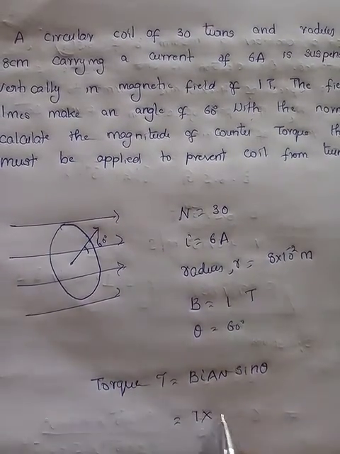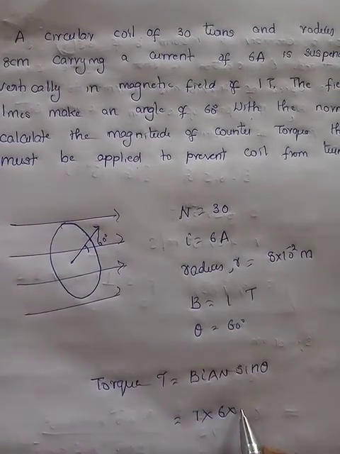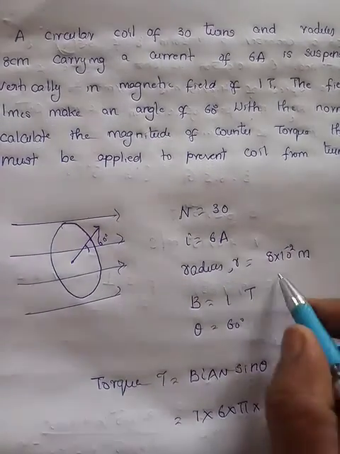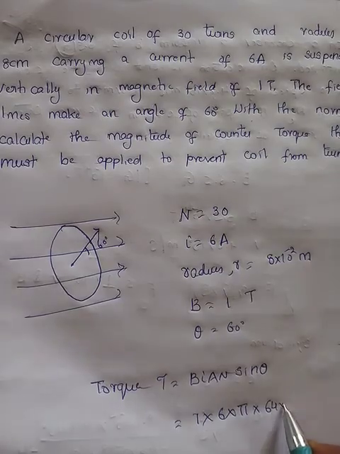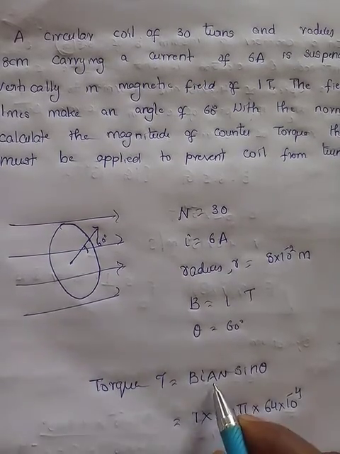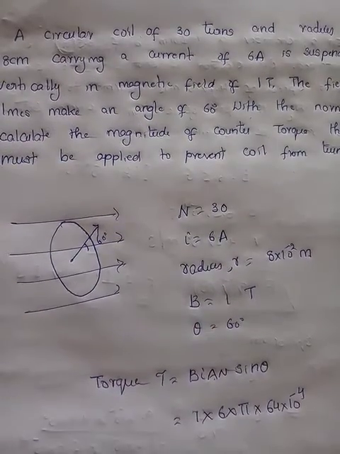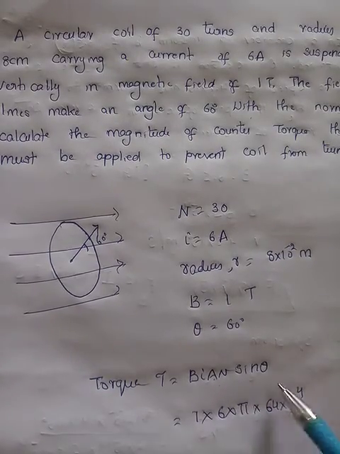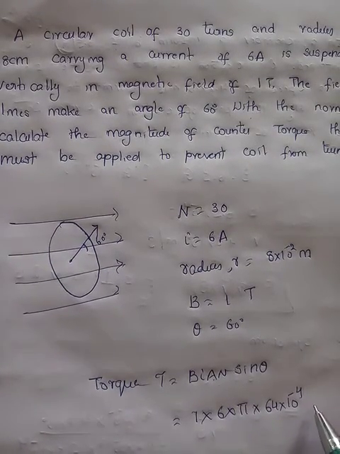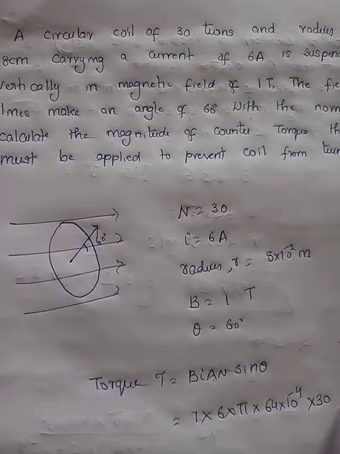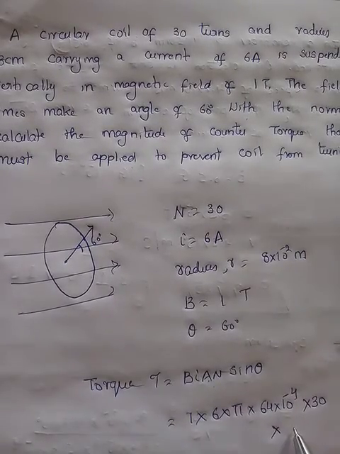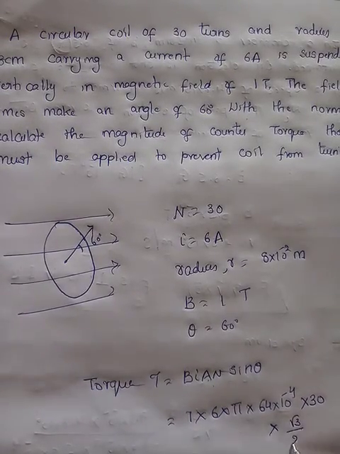Magnetic field 1. Current 6 amperes. Area is pi r square, R squared is 64 × 10^-4. Why pi r square? What is the shape of this coil? Circular coil. So we write pi r square into N, number of turns 30, into sin 60, root 3 by 2.